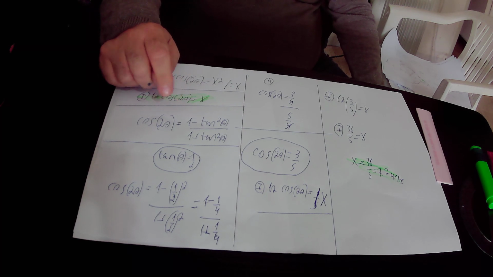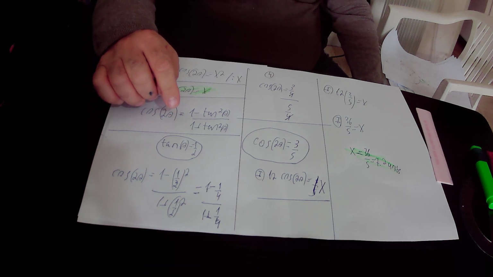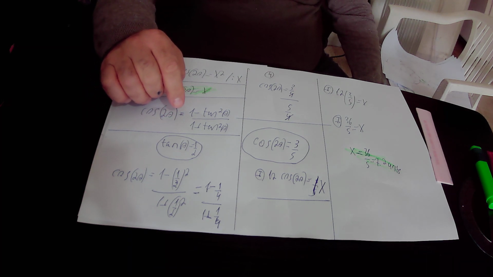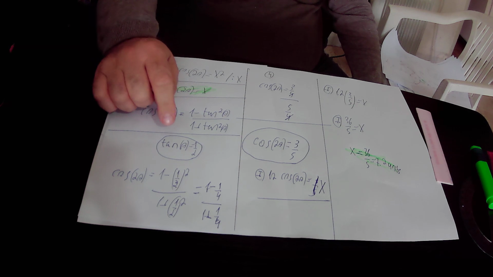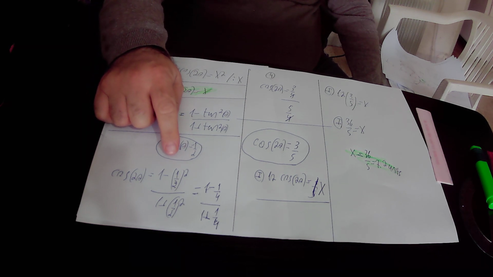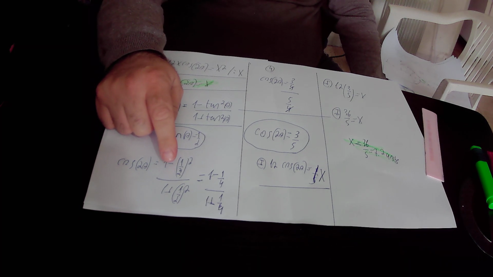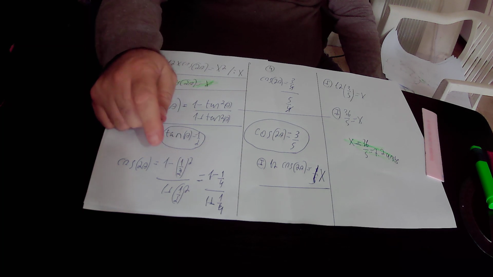We did it, and we got that cosine 2 theta equals 1 minus tangent squared theta. Tangent theta equals 1 half, so tangent squared theta will be equal to 1 half squared. So in the numerator we have 1 minus 1 half squared, over 1 plus tangent squared theta, that is equal to 1 half squared.